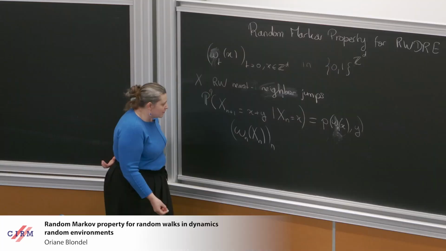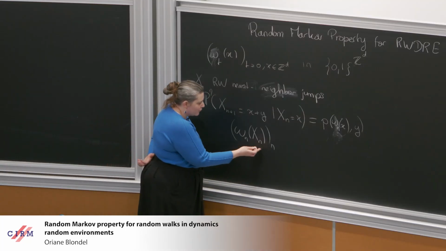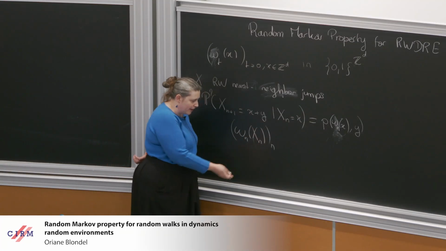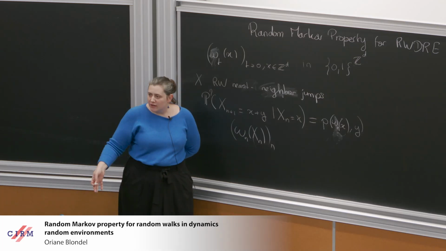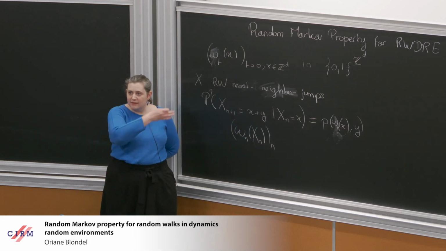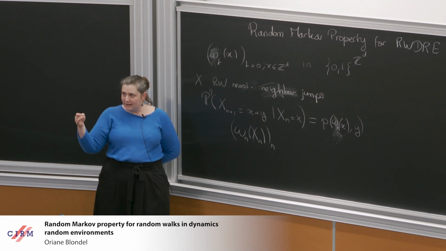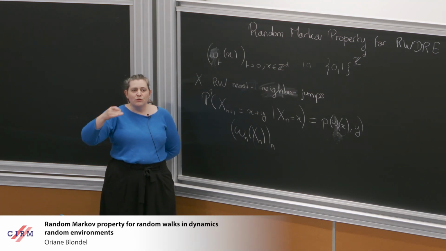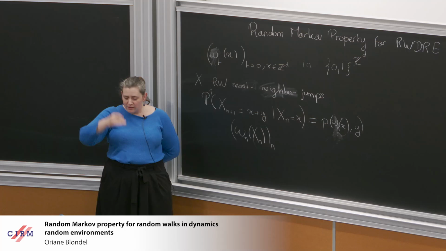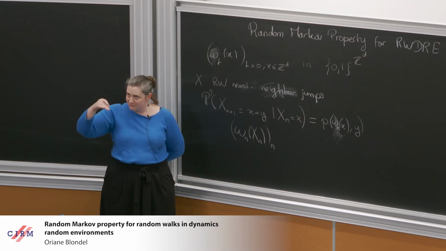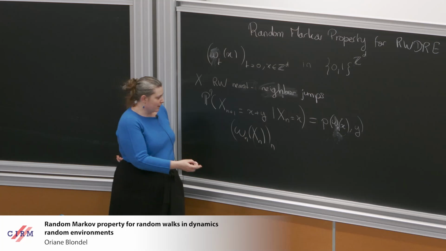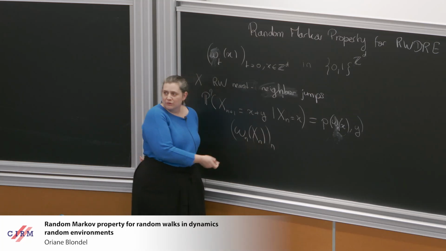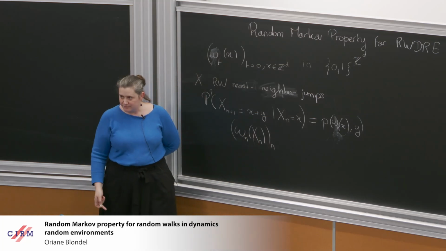It's complex because the position where you end up at time n depends potentially on the environment that you have around you at time n. That's exactly what Daniel was saying with the dimension 1 case. You remember that at time n, you were typically in a trap, in a well, of depth log n. Remember that? So knowing where you are tells you a lot about what the environment is around that.